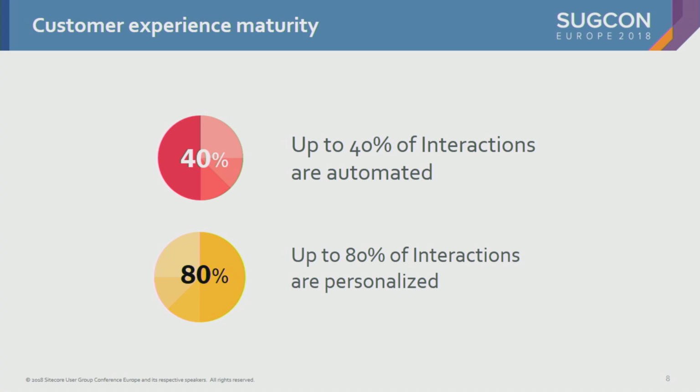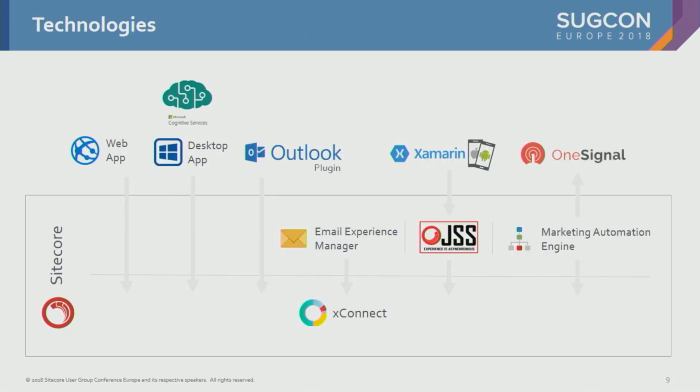So all emails, all the push notifications, the information on the website, and even communication with the contact offline could be personalized based on this single customer view, based on the Sitecore experience profile, or based on the experience profile available in CRM or in the Outlook plugin.